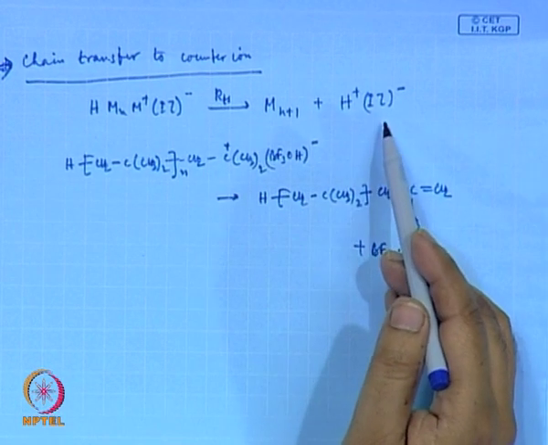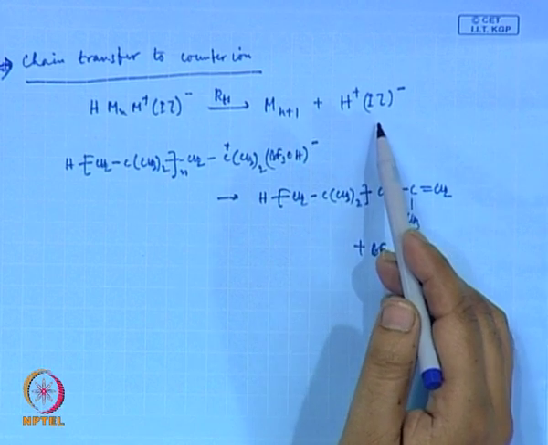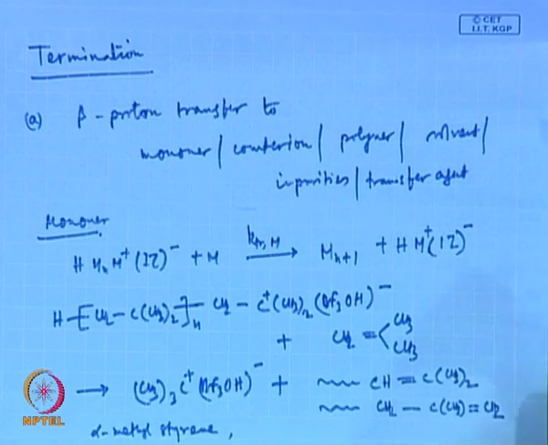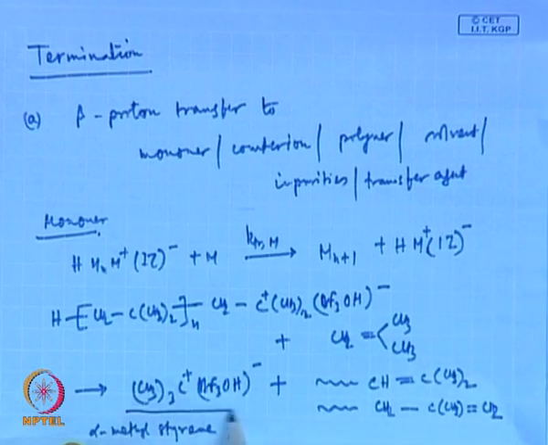species, as in the case of the transfer to monomer, and in the monomer case, the resulting species as a result of the chain transfer reaction is the same as the initiating species. If you recall, for the polymerization of isobutylene by BF3 plus water, this was the initiating species.